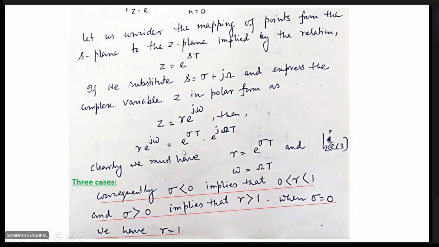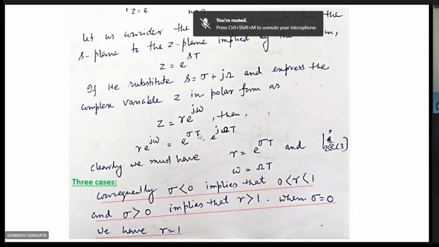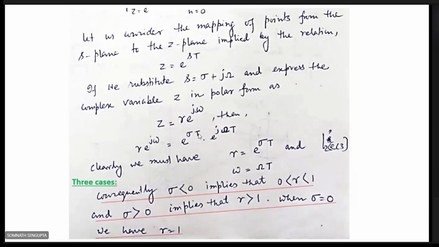Now we see some characteristics and find some relations. The S plane is the plot of different points with x axis sigma and y axis j omega. If sigma is less than 0, it is the left half S plane.